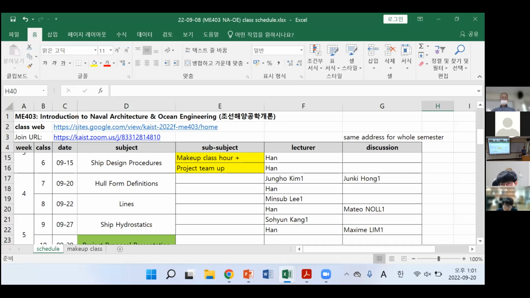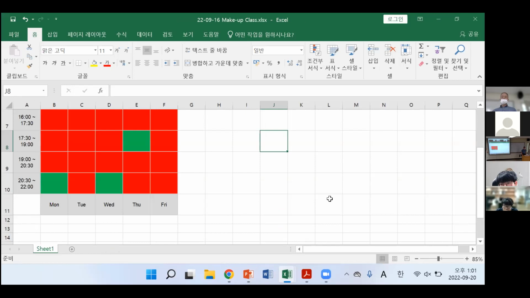Right. So then another one is about makeup class hours. We found 3 slots. I guess everybody is happy with that one. Usually I prefer to use this one because this is kind of a dinner time.